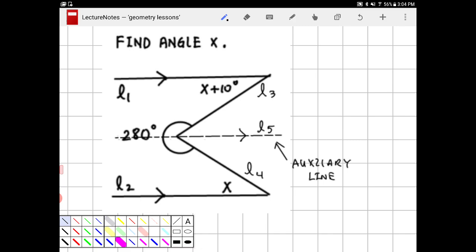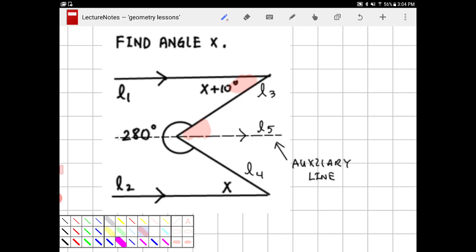So now I can implement all the concepts from the previous 2 to 3 lessons. Knowing this, this angle over here and this angle over here must be congruent because they are on alternate sides of a transversal.